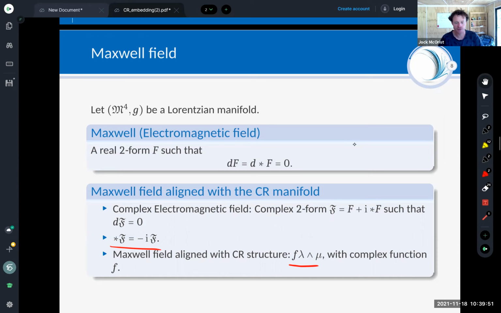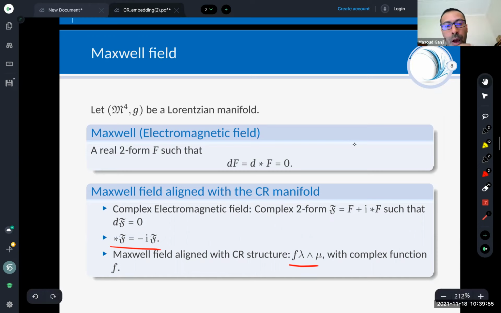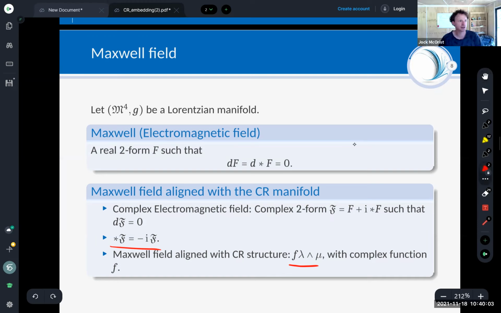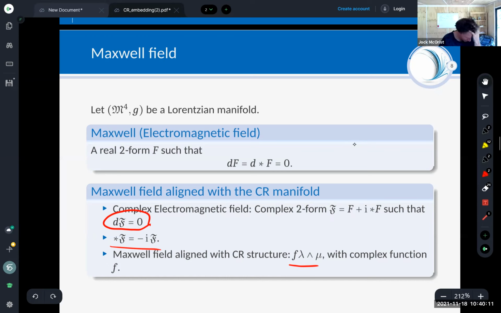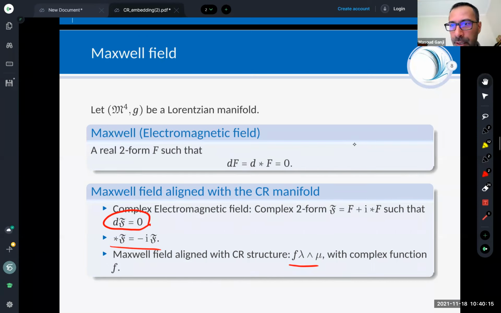Is that an identity or is that a condition? I think it has to satisfy this condition. Okay, so it's another one. Yes, it has to satisfy that condition. And is that to do with the fact that it's a section of the canonical bundle? Yes, that's a closed section of the canonical bundle.